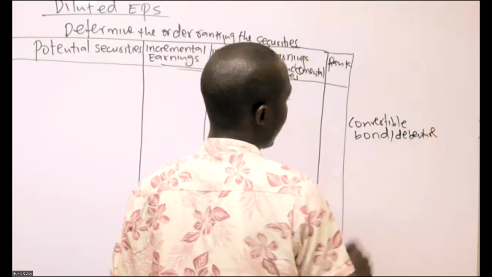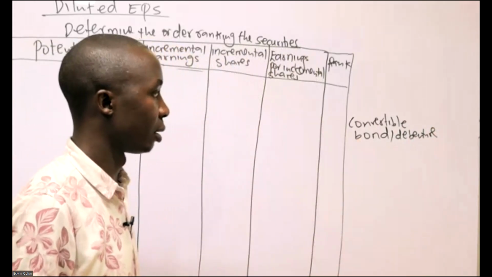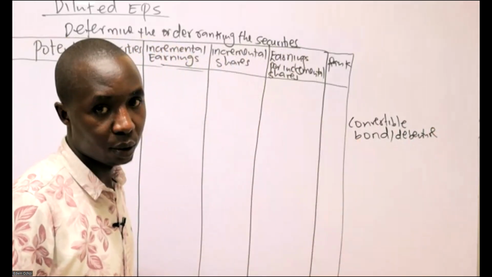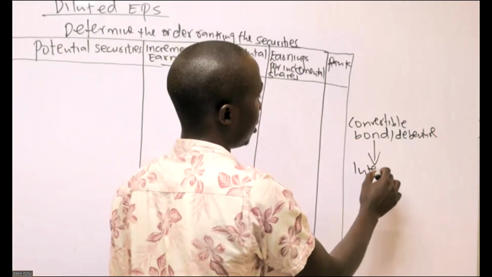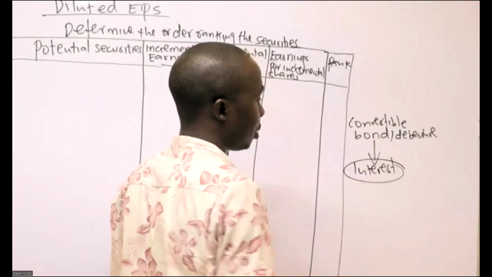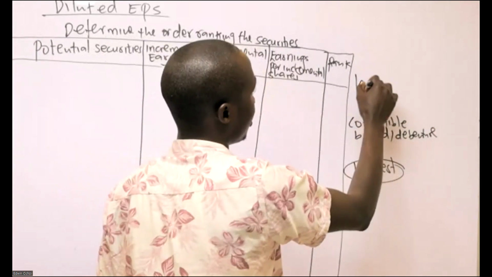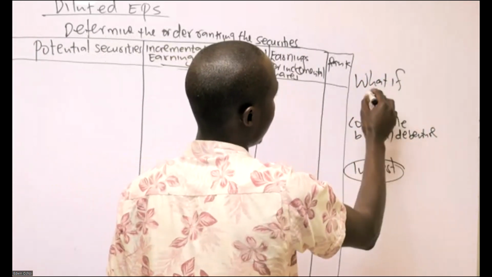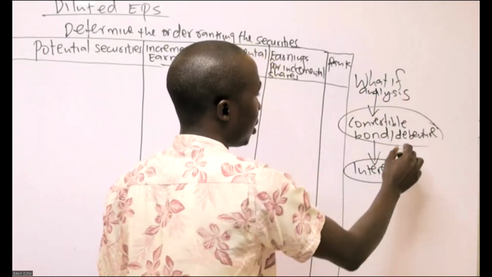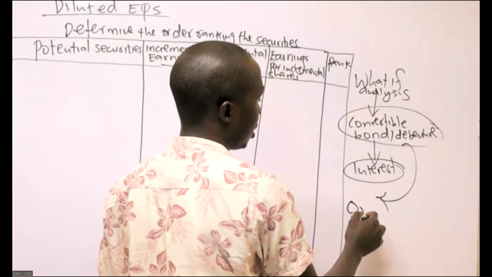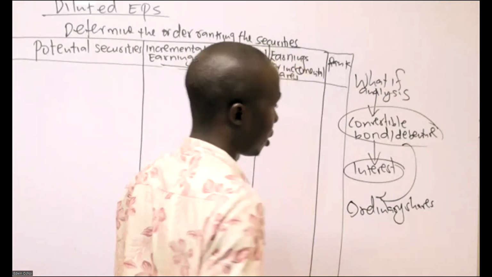Remember that these are in the form of certificates which are issued to the people who lend us money. So they are entitled to interest. We are going now with the aspect of what-if analysis: this security has been converted to ordinary shares.